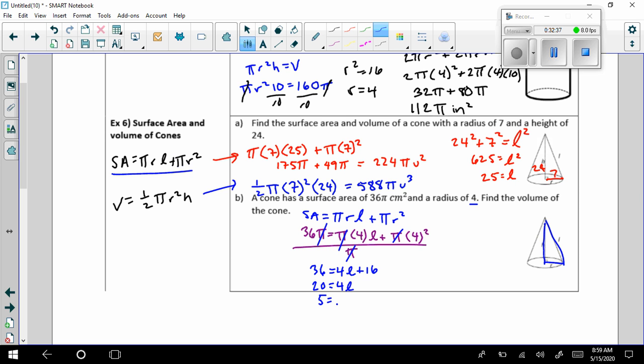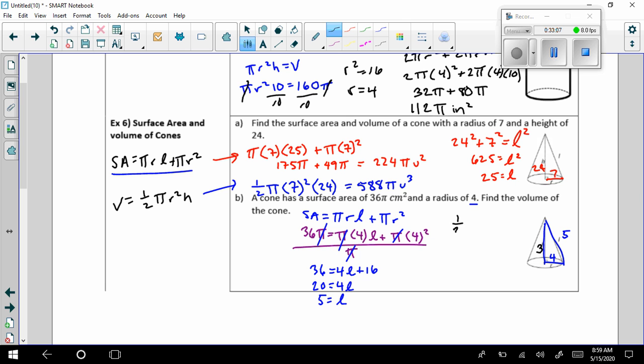So 5 equals L. All right, so once I have that, L is 5, this is 4. Then again, I know my triples, so I know that this has to be 3. Obviously, picture's not to scale, but this has to be a 3, 4, 5 triangle. And so you can use Pythagorean theorem, but if you remember a 3, 4, 5 triangle, it will be beneficial to you, especially if you go in the construction field.